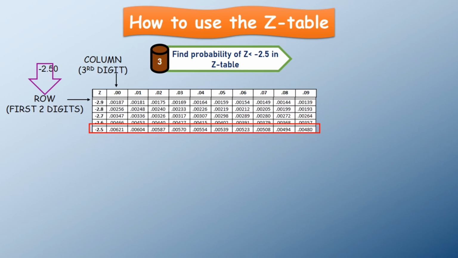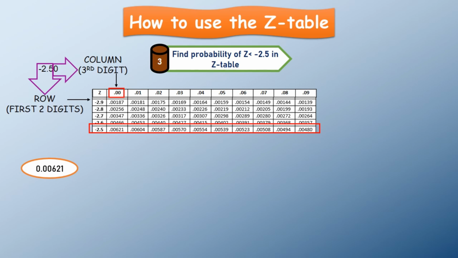Then after getting the row of minus 2.5, we will look in all the columns. Since the next digit of 2.5, that is the third digit, is 0, we will take the first column, 0.00, and the probability for that value is 0.00621.